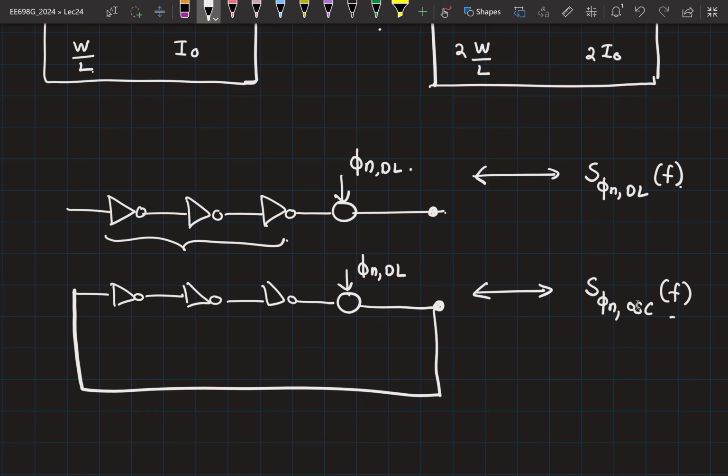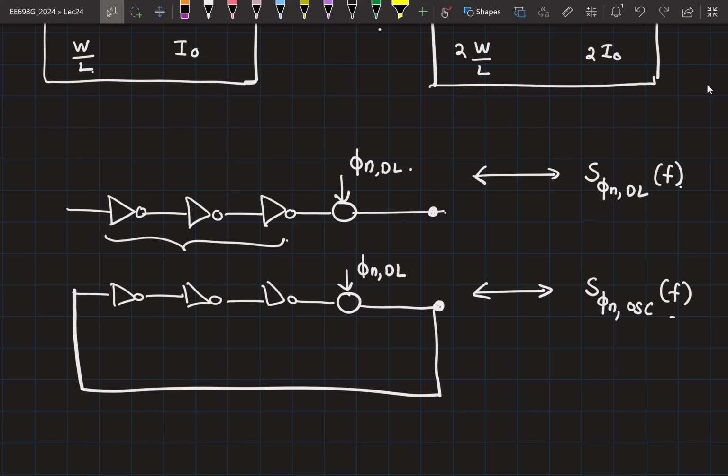You can take a minute, feel free to discuss. You can ignore the parasitics of that line. I just want to know what happens if I take a delay line and put it into feedback. How does the phase noise profile change?